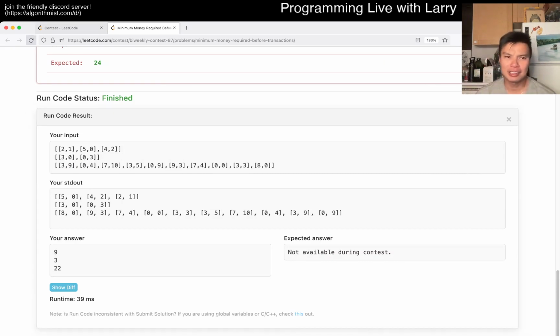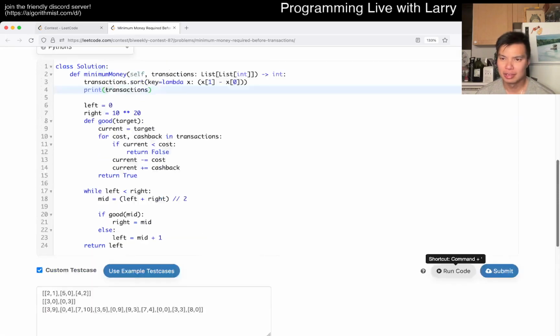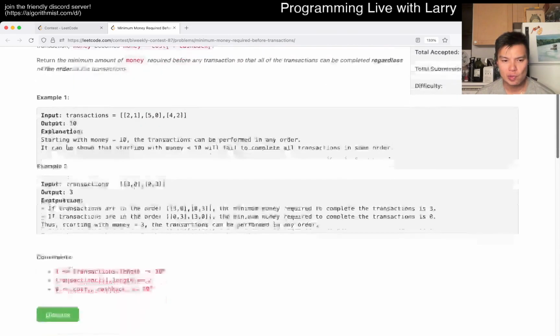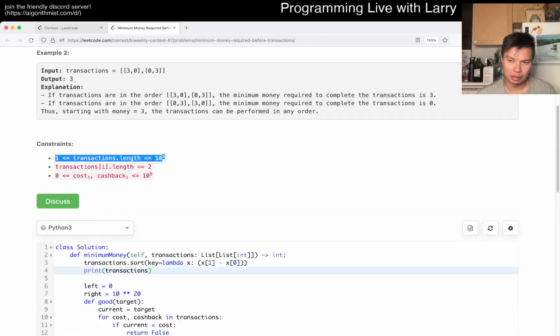I don't know that I know how to solve this one, but a lot of people did, I guess. Huh, wow. Actually kind of impressed. N is 10 to the 5th, so I don't think there's any DP solutions. Well, it's not.